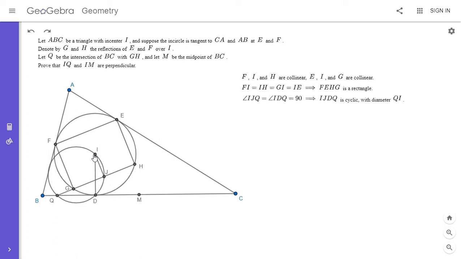Well, what I'm going to do is extend DI to meet the incircle at a point and extend JI to meet EF at a point. So I'm going to label these two points. But basically, L is the reflection of D across I, and K is the reflection of J across I. And so angle JDI is equal to angle KLI.